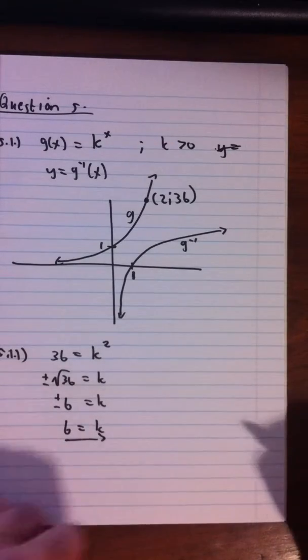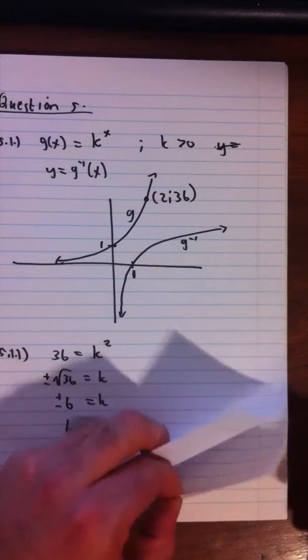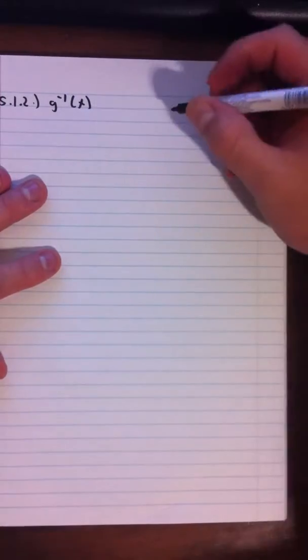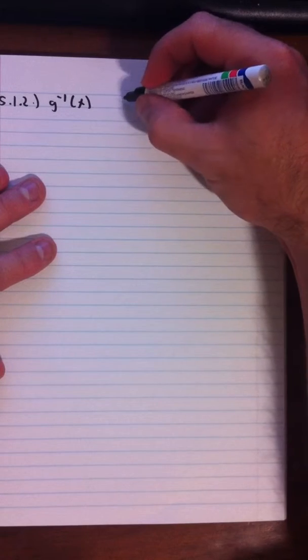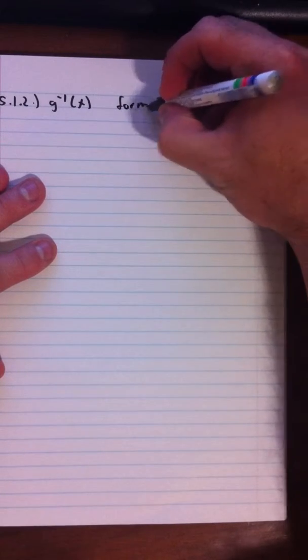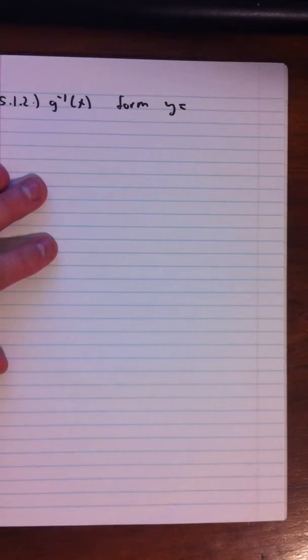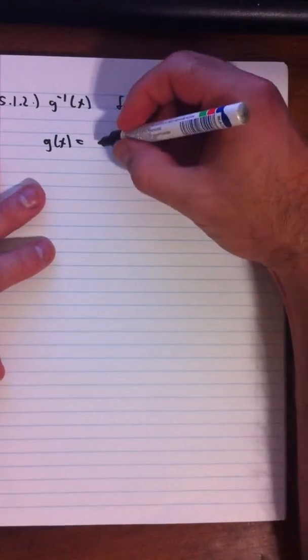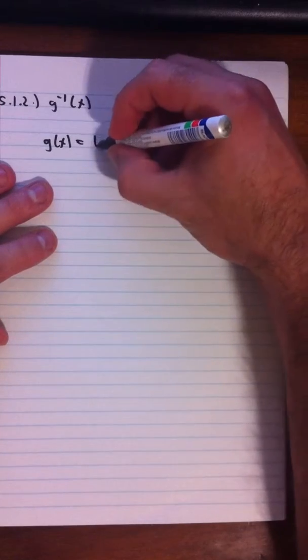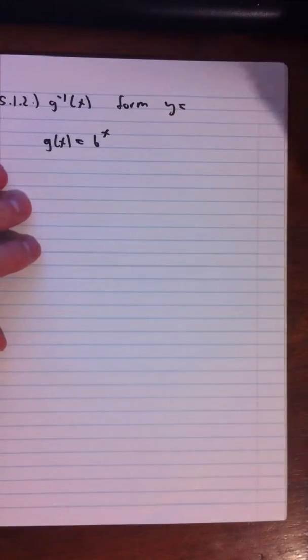That's it. 5.1.2: give the equation of G inverse in the form y equals something. We know G of x was equal to 6 to the power x, since k is 6.